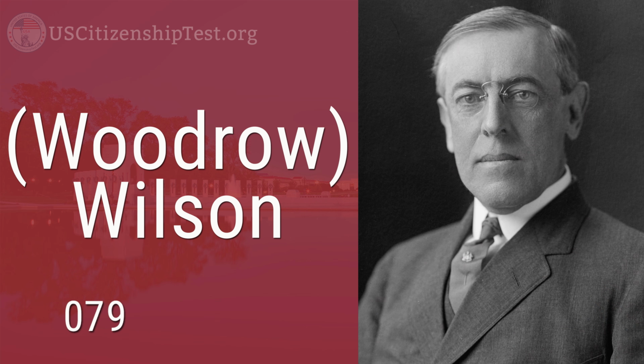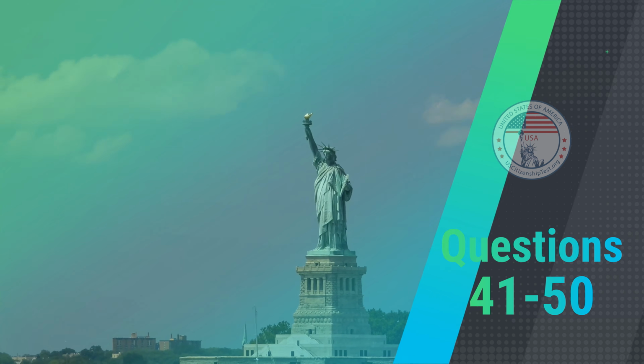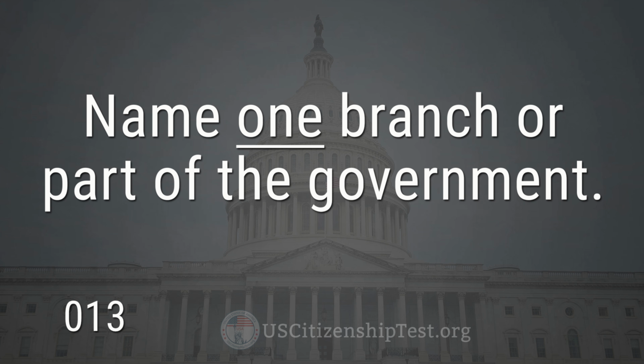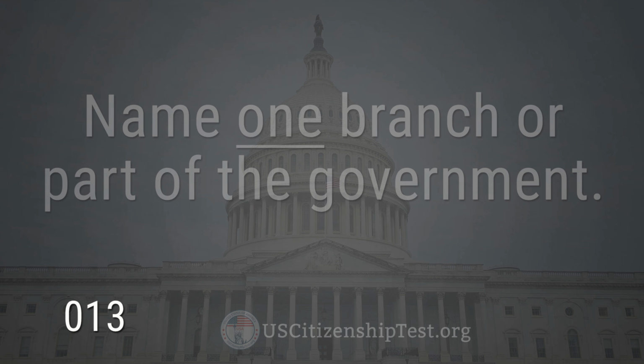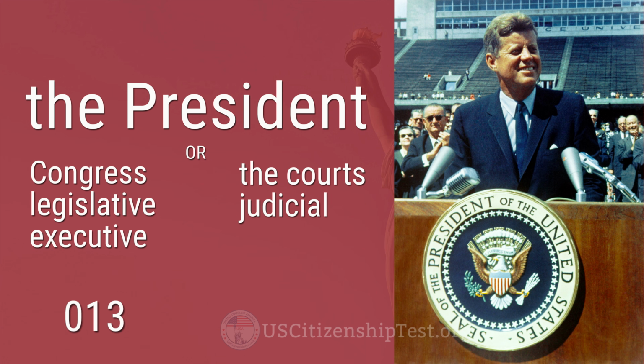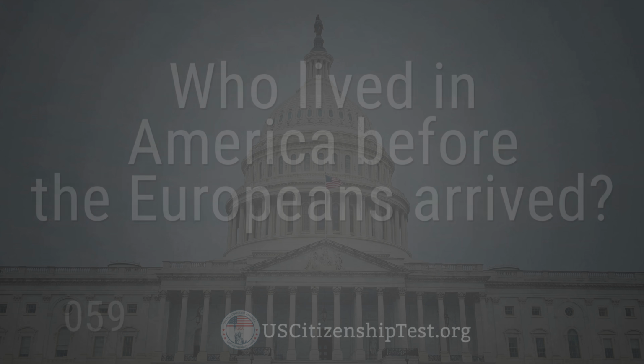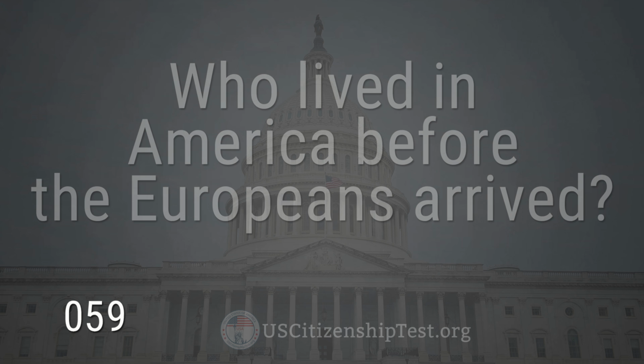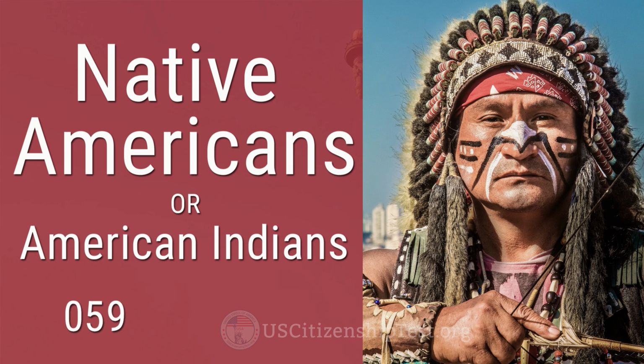Woodrow Wilson. Name one branch or part of the government. The President. Who lived in America before the Europeans arrived? Native Americans.